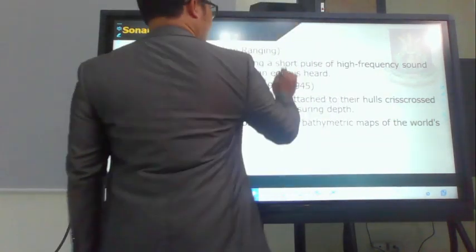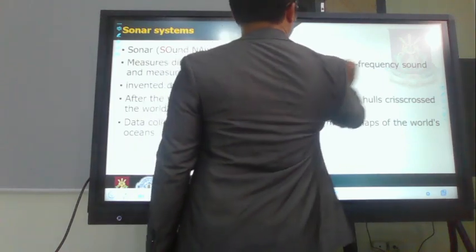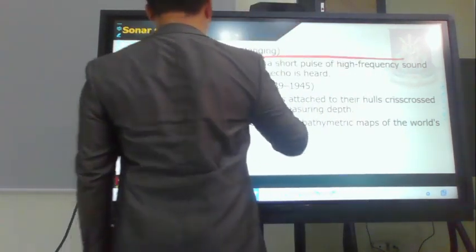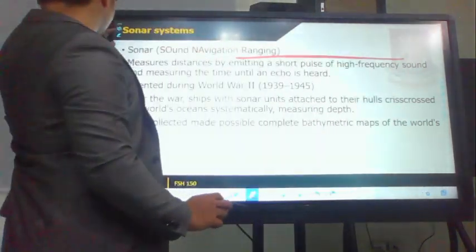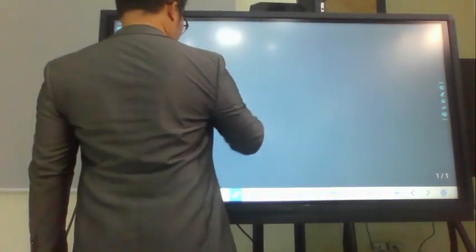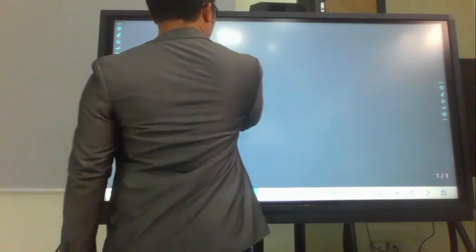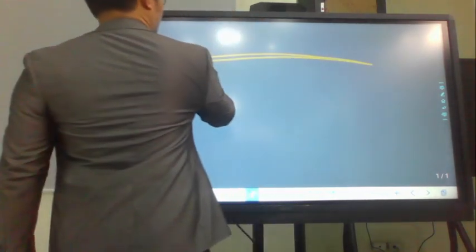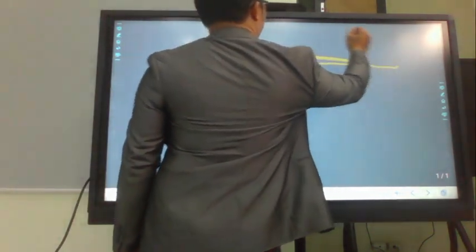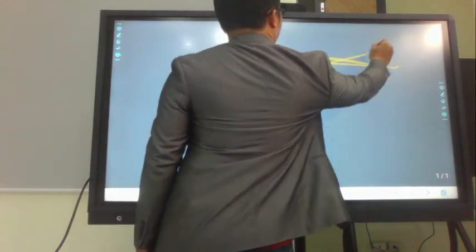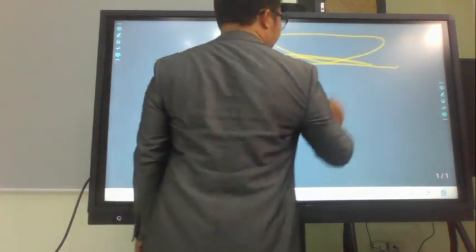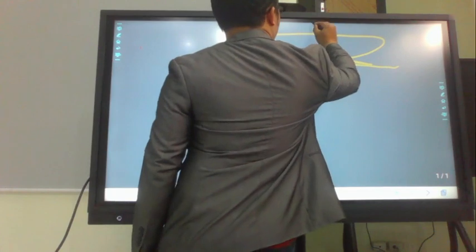Let me use a whiteboard for a second. Say for example, this is the water surface, and this is the boat. Pasensyahan nyo yung drawing ko.